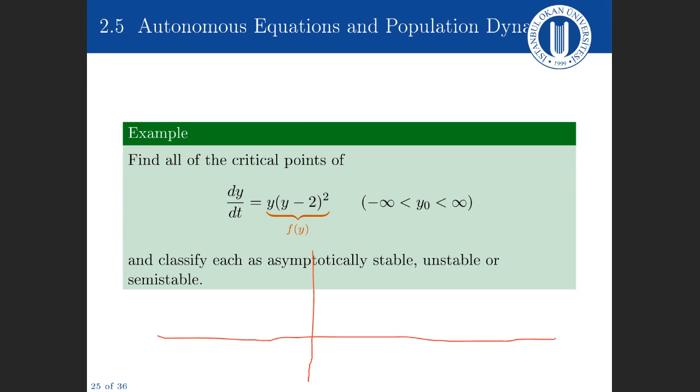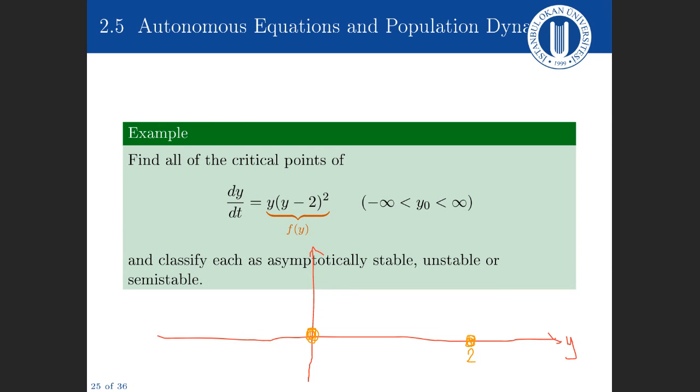Because we're going between minus infinity and infinity, our y-axis must go from minus infinity to infinity. How can we get 0 here? y could be 0, or y could be 2. These are our critical points.